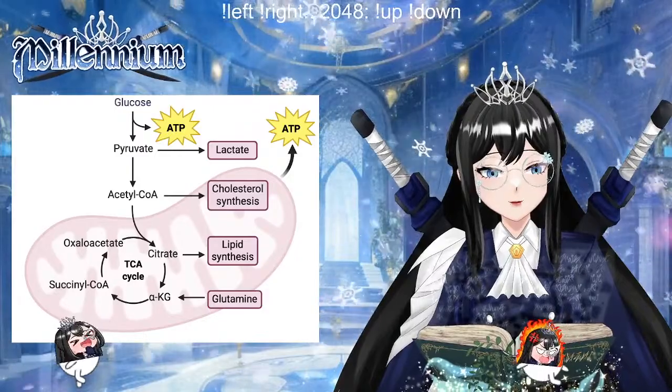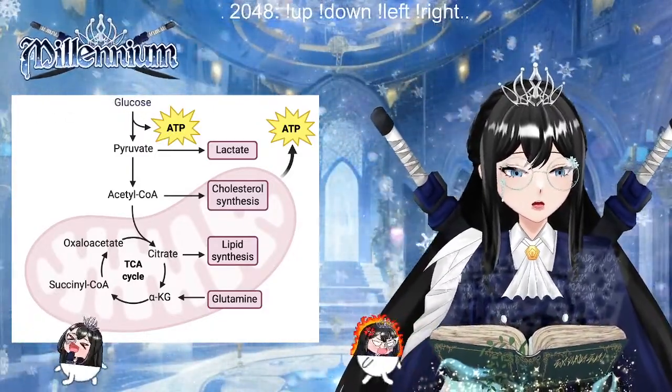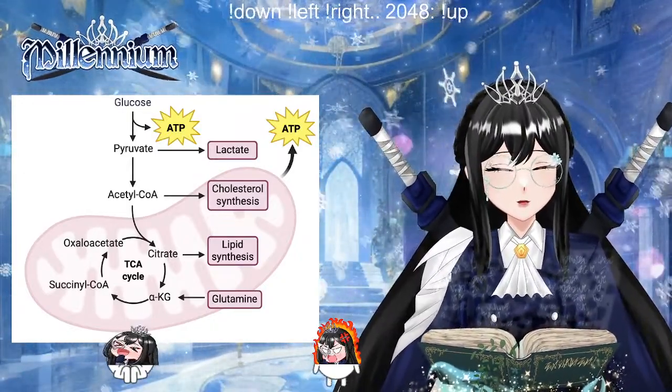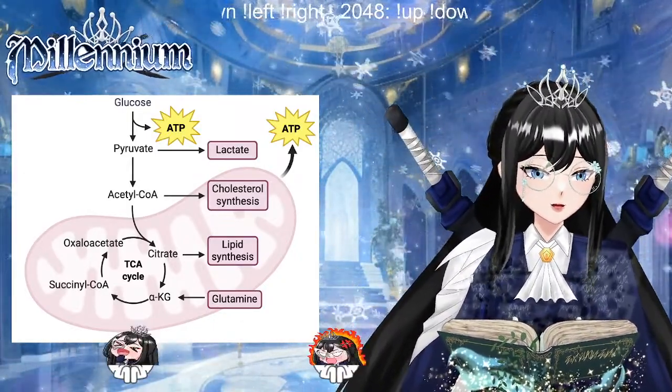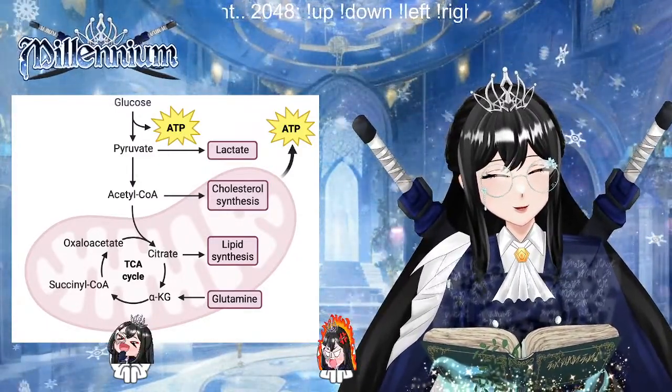Acetyl-CoA is further oxidized to produce more NADH, and you also have some FADH2 being made. The electrons go to the electron transport chain. But here's the thing.